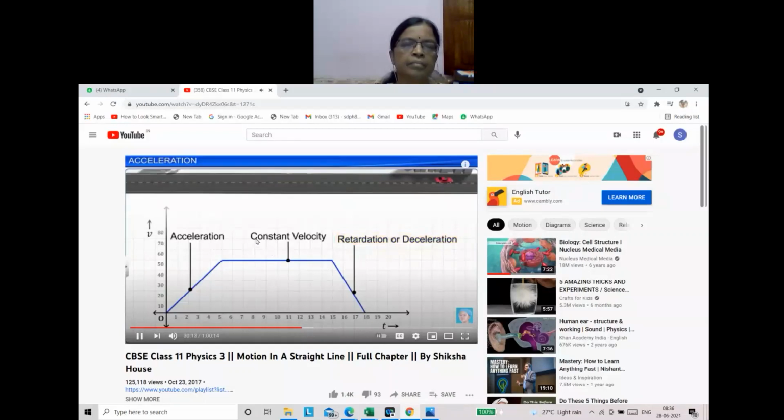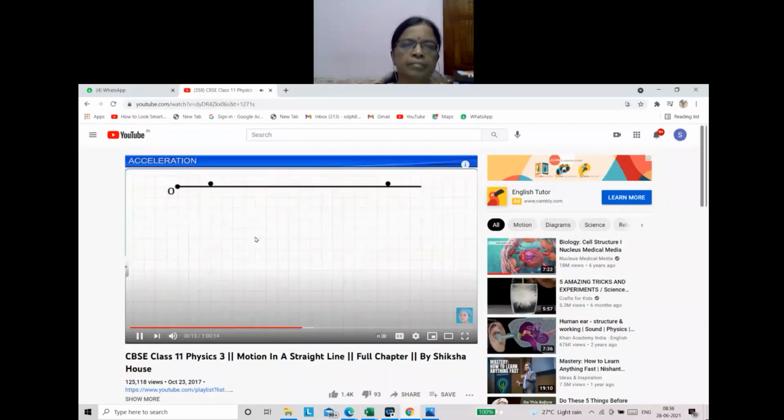In the 4 cases we have just studied, with respect to points A and B between which the body traverses, let us fix the velocities of the body at these points as V at A and V dash at B. The 4 cases are tabulated.